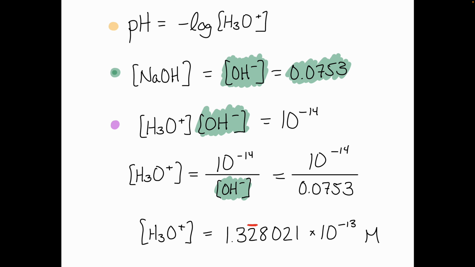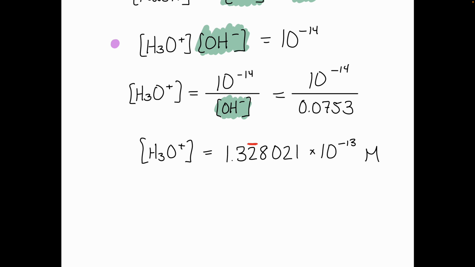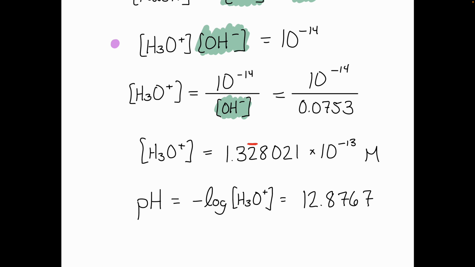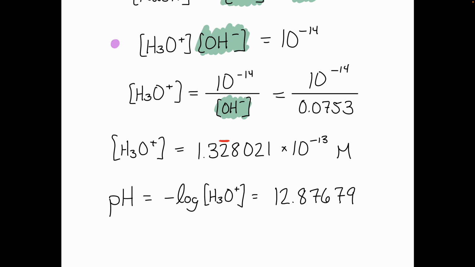And now I get to use my pH formula. pH is the negative log of that hydronium ion concentration. So I'm going to do the negative log of that value. I get 12.8767. Okay, no units, right?